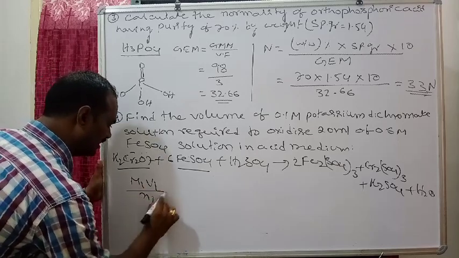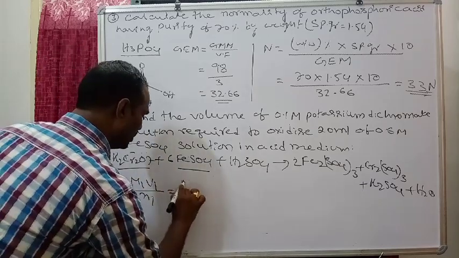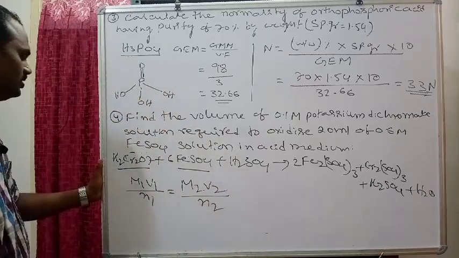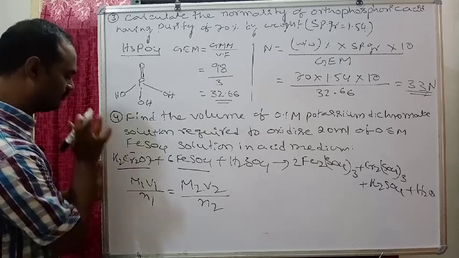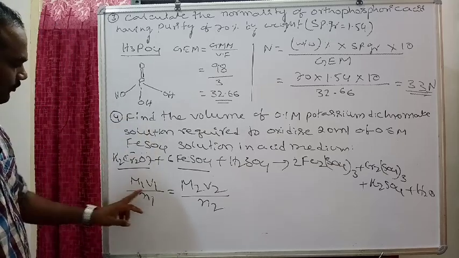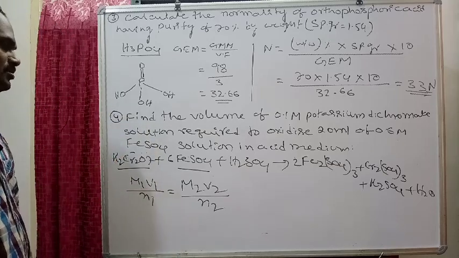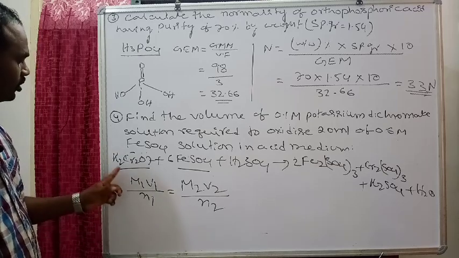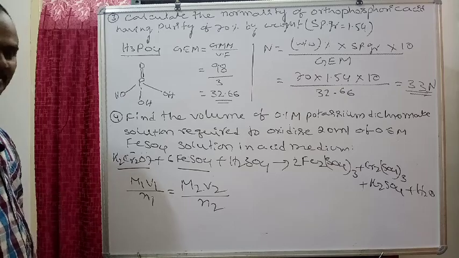M1V1 by N1 equals M2V2 by N2. Here M1 is the molarity of potassium dichromate, V1 the volume of potassium dichromate, N1 the number of moles of potassium dichromate involved in the reaction.